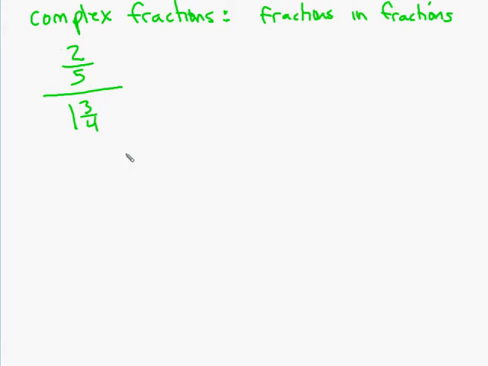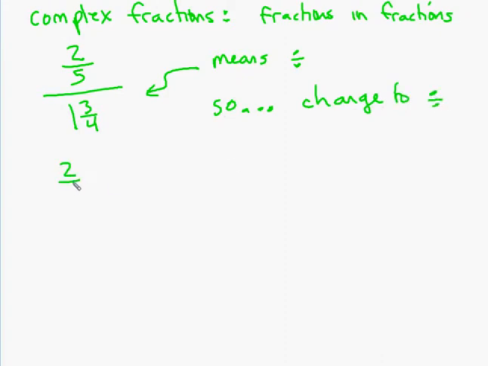See, this is one big fraction, but I have a fraction here and a fraction here. The fraction bar means divide. So I just change it to a division problem. So I rewrite it as 2/5 divided by 1 3/4.